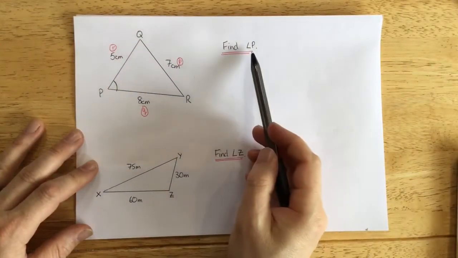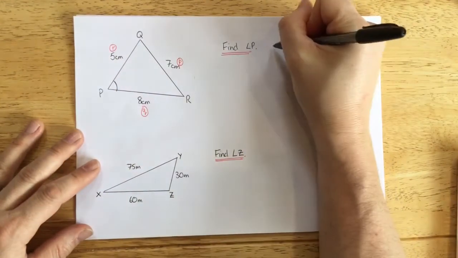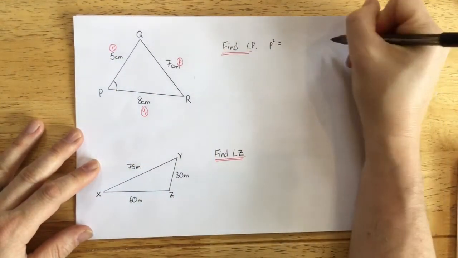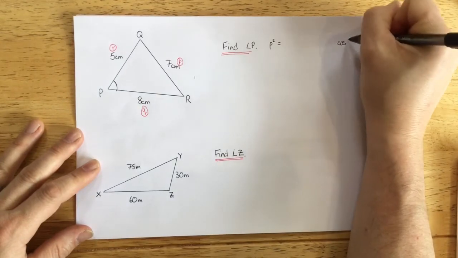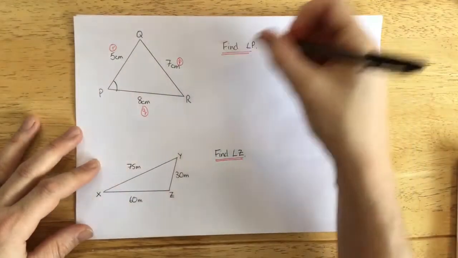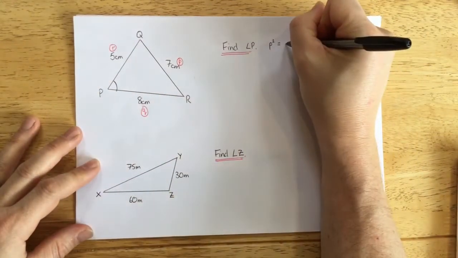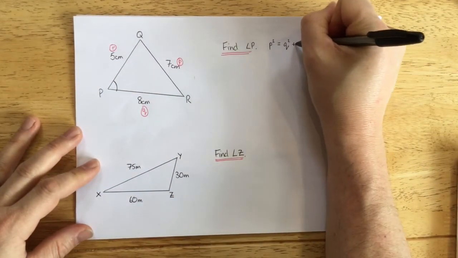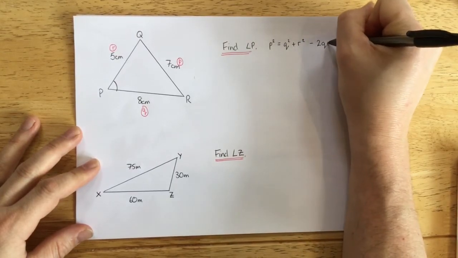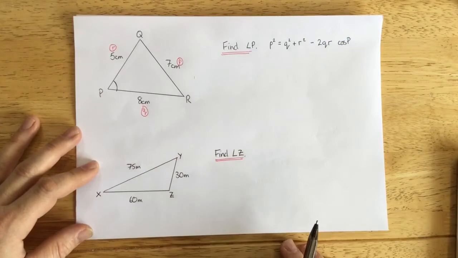We want to find angle P, so I need a cosine rule that starts with p squared, because that will end with cosine P. The other two letters are q and r, so it's q squared plus r squared minus 2qr times the cosine of p.